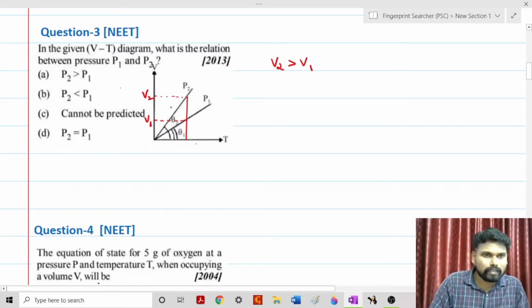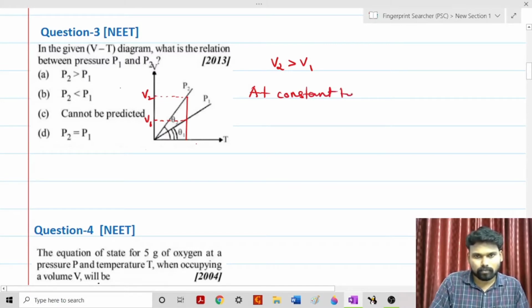Now I have taken these two volumes at constant temperature. At constant temperature, we can apply Boyle's law for a gas. What is Boyle's law? Pressure is inversely proportional to volume at constant temperature.